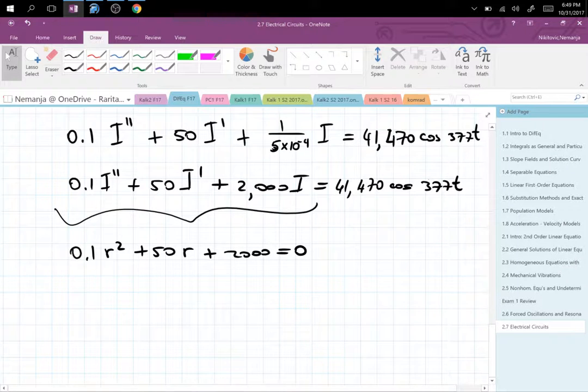Now, R is equal to... yeah, it's 44 and 456.